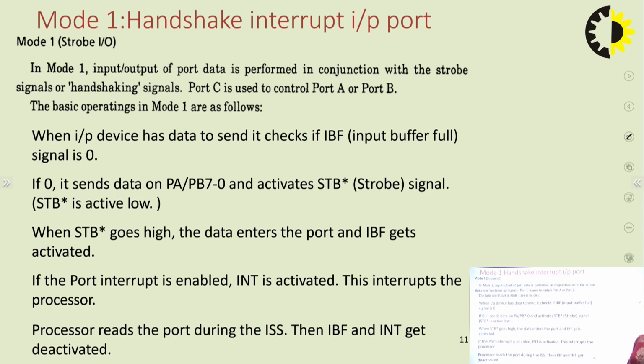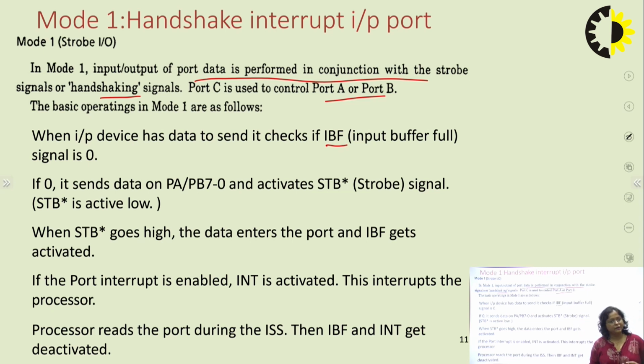So now we will move towards mode 1, that is handshake or strobed interrupt I/O data transfer mode. In case of mode 1, input or output of port data is performed in conjunction with a strobe or handshake signal, that is a control signal. And port C bits are used for control or handshake. So when the input device has data to send, it checks that input buffer full is 0.